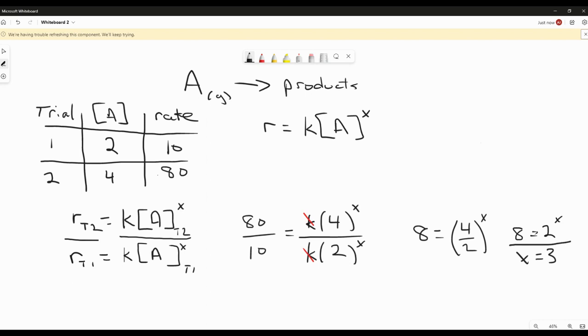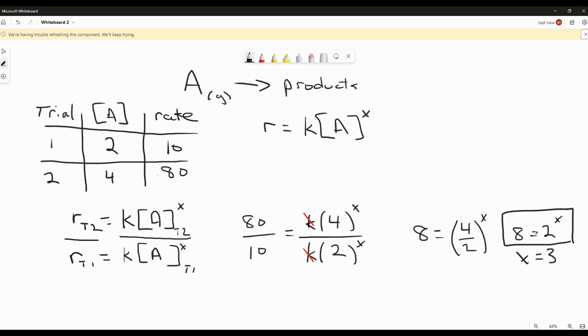However, we want to think about this equation in terms of what it means for the concentration and rate. So what's this saying? What does the 2 represent? That represents the increase in concentration, or the concentration increased by a factor of 2.